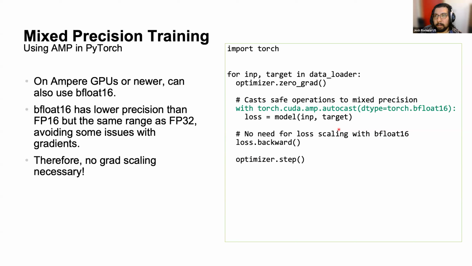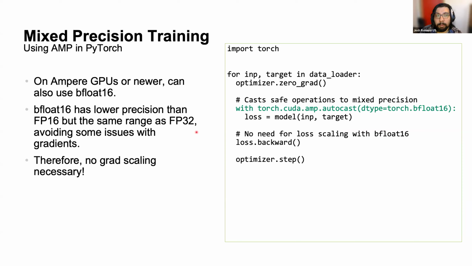So on Ampere GPUs, like the ones on Perlmutter and newer, there's hardware support for BFloat16. As I mentioned before, BFloat16 is lower precision than FP16. It's still 16 bits, but BFloat16 trades precision for range. So it has the same range as FP32, but it's less precise. The nice thing about that is you don't need to worry about gradient scaling because you don't ever run out of range.